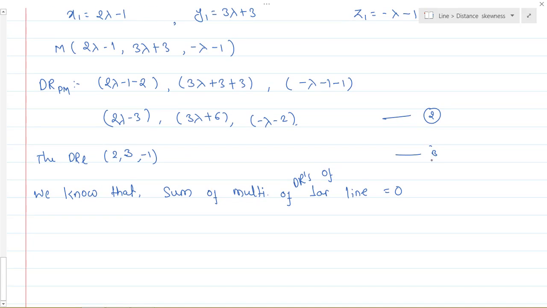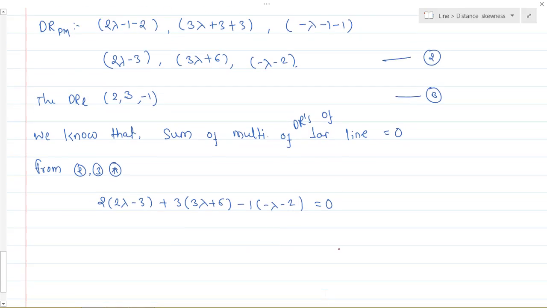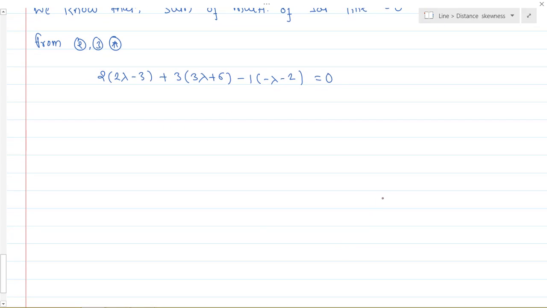From equation number 3 and the star equation: 2 into (2 lambda minus 3), plus 3 into (3 lambda plus 6), plus minus 1 into (minus lambda minus 2) equals 0. That's it. This is the master equation for this question. Not only for this question, this concept will be required in each and every question.